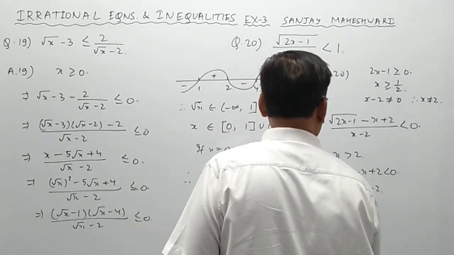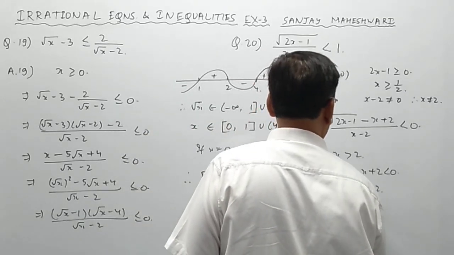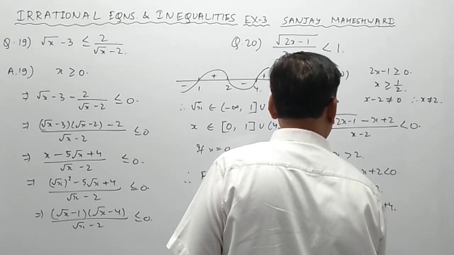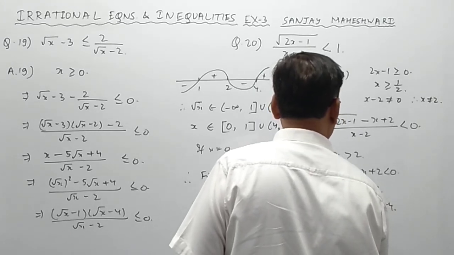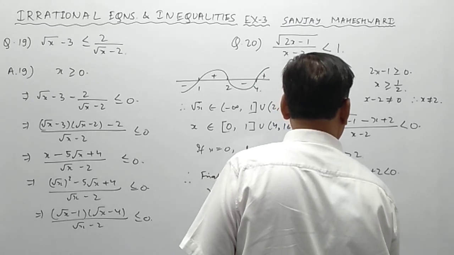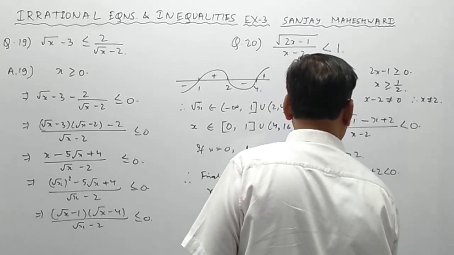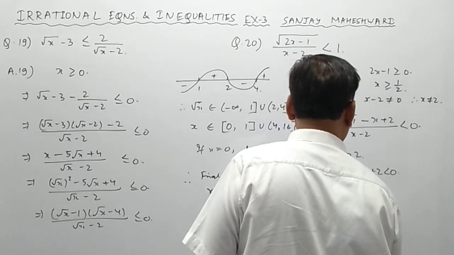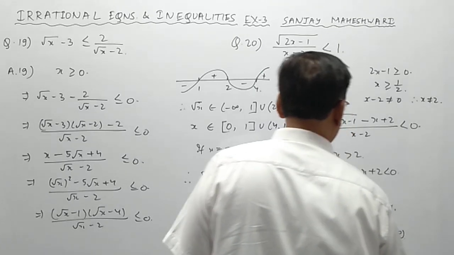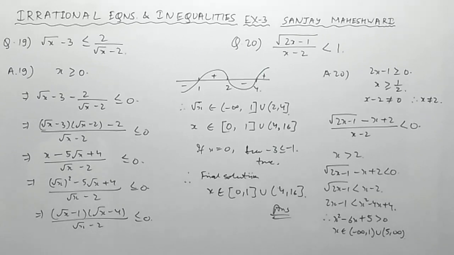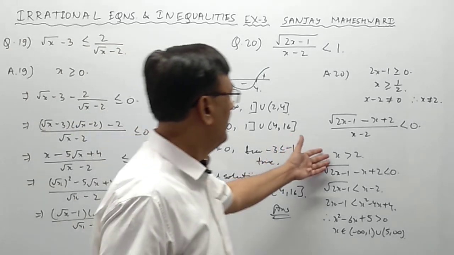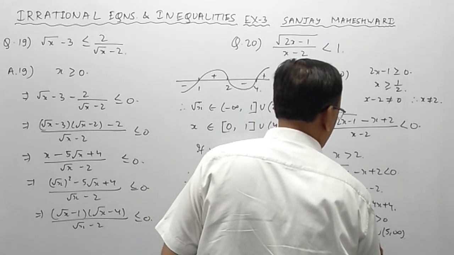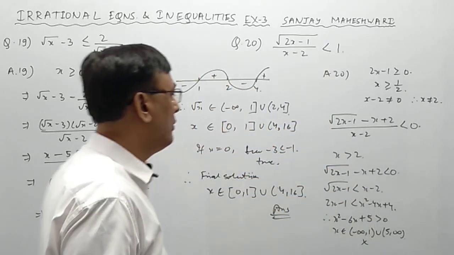So squaring both sides, if x is greater than 2, we get minus infinity to 1, 5 to infinity. This can get cancelled out because x is greater than 2 here.